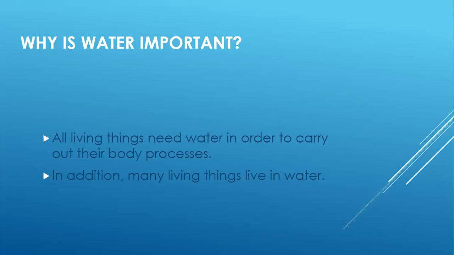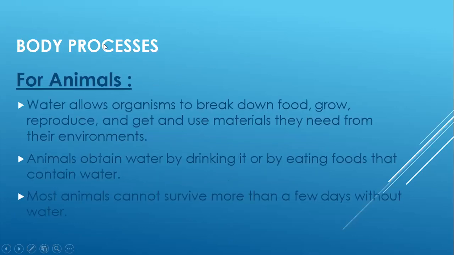Number one, the importance for the living organisms. All living things need water in order to carry out their body processes. In addition, many living things live in water. So we get it for the process and we get it for living. It might be a habitat or it might be included in the body processes.